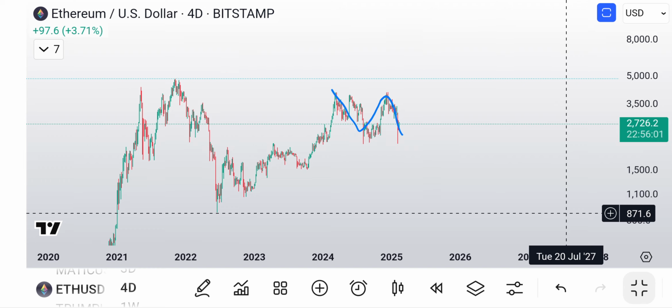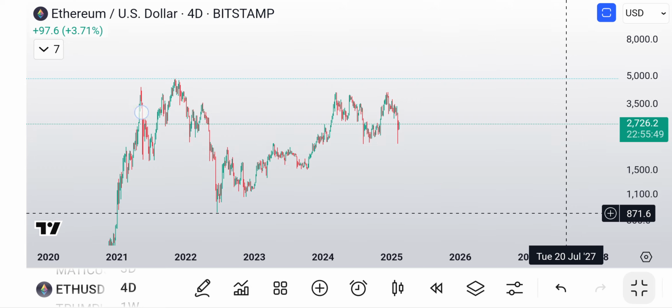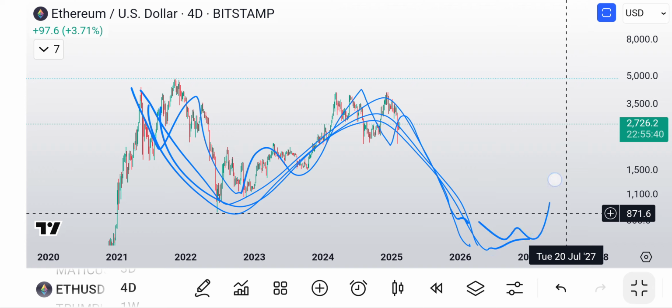So if we want to go into price discovery, then we need this 3-way pullback to get us out of there. Otherwise, this could be a move like, let me show you one more time, boom, boom, and then we go down. So it's a much bigger, very bearish wave before we go much higher.